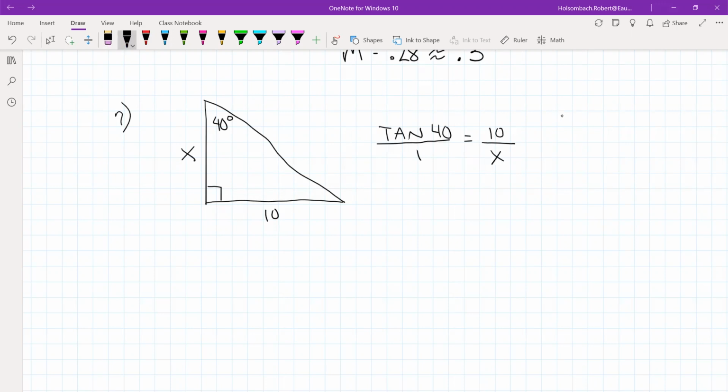So we crisscross multiply. Tan 40 times X is equal to 1 times 10, which is 10. Divide both sides by tan 40.